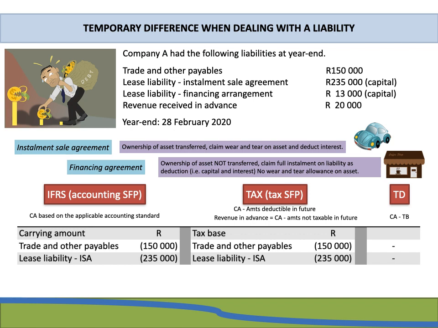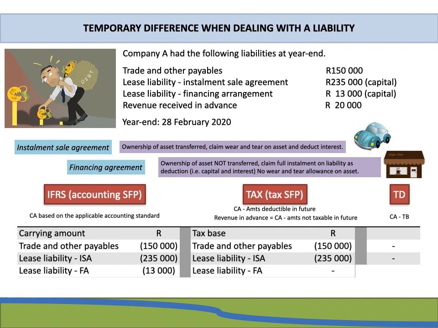When it comes to the lease liability of the financing agreement, for accounting purposes, our carrying amount is 13,000, but for tax purposes, our tax base will be the carrying amount of 13,000. But now we are dealing with a financing agreement, which means we are allowed to claim all capital and all interest on this liability.